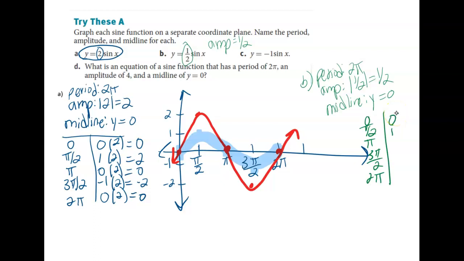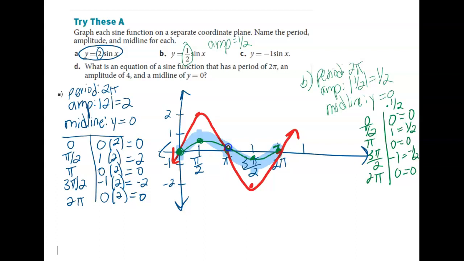And 0, 1, 0, negative 1, 0. And we're going to multiply them all by 1/2. So we get 0, 1/2, 0, negative 1/2, 0. So we're still starting at 0, 0. Now we're only going up 1/2, back to 0, down 1/2, back to 0.